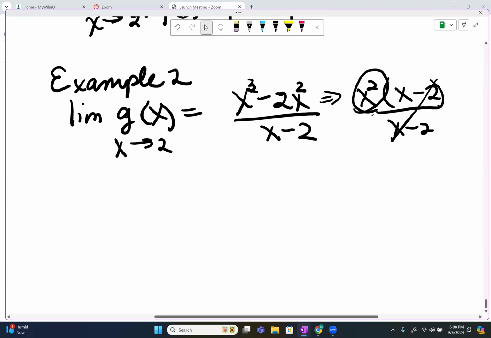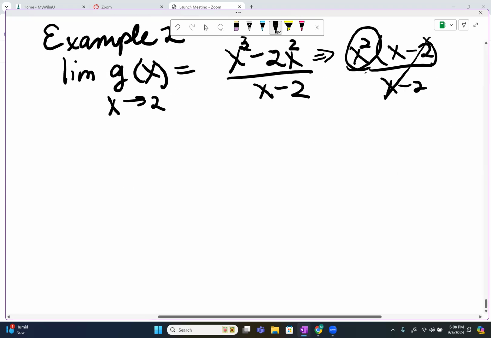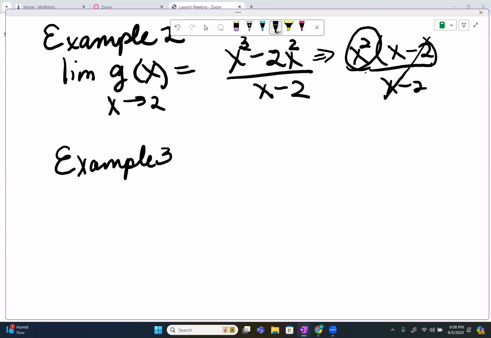Now, if I show you this next example, this is example 3. This is a little system. You have a limit as x approaches 2 for h of x.